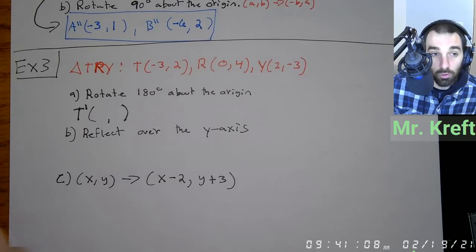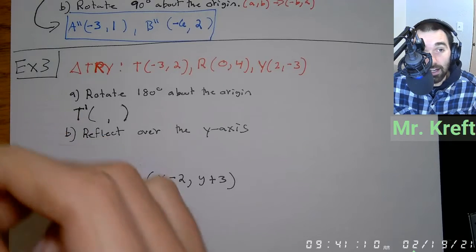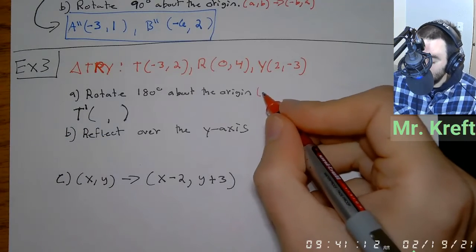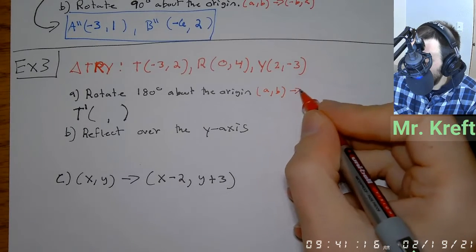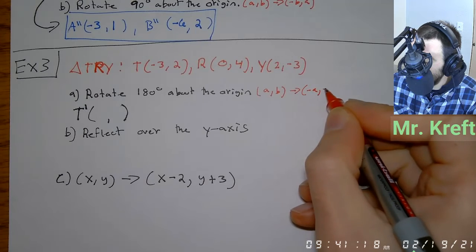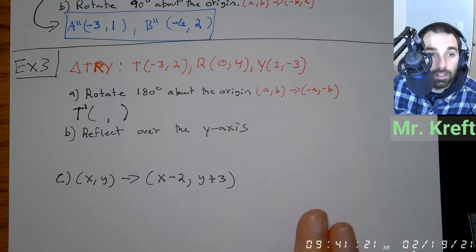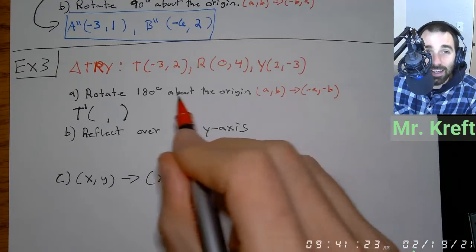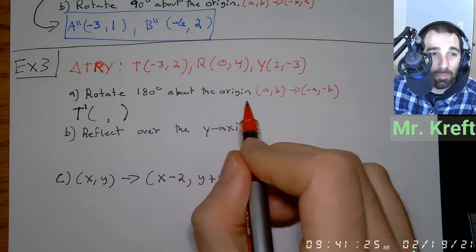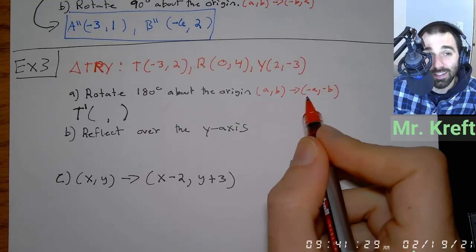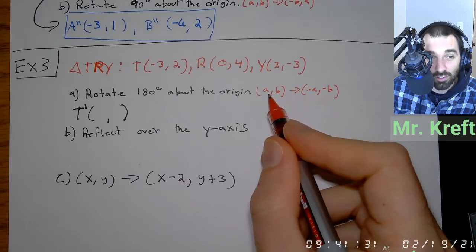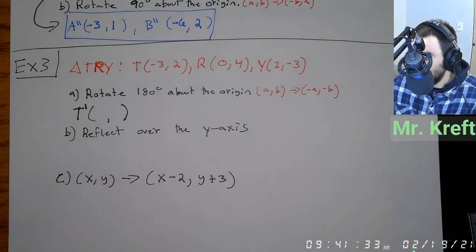So I'm going to use the equation that we have gotten today in our class, which says if I have every point AB, then 180 degrees is going to be the opposite of what I had before. And this is the only one that I remember, because if you're walking down the hallway and you turn 180 degrees, you're now going in the opposite direction. So it's just the opposite.